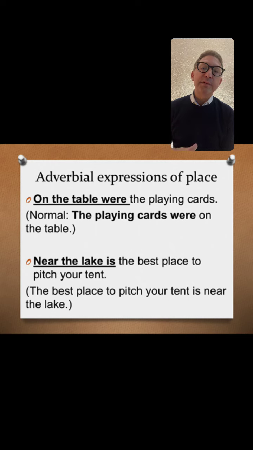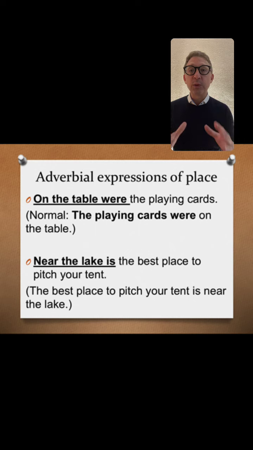And so we have an adverbial phrase of location. On the table. Where? On the table. Where? Near the lake. And so when we can answer the question where, that means it's an expression of location or place.